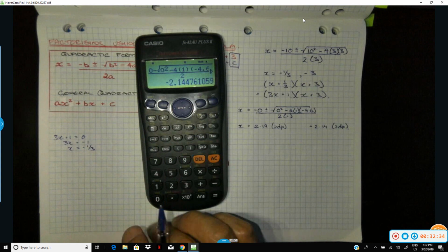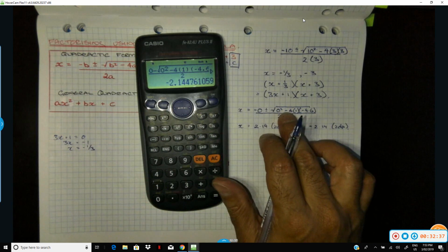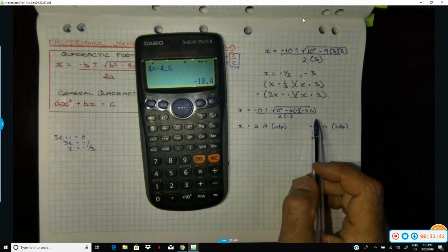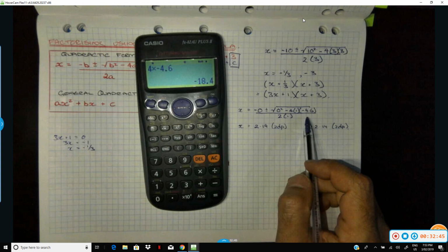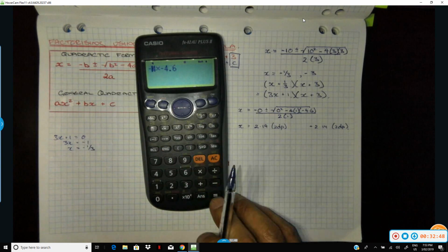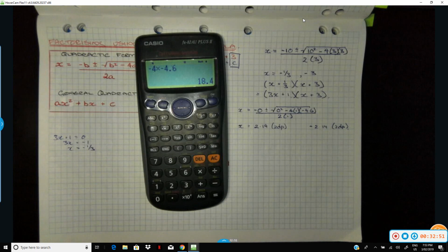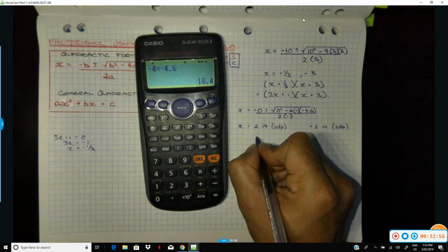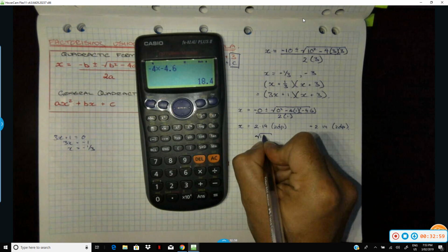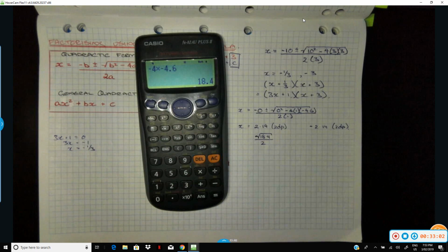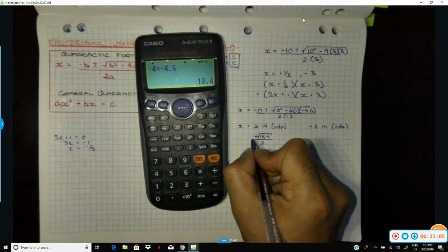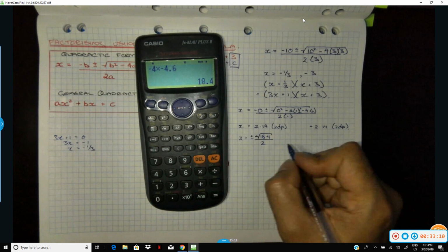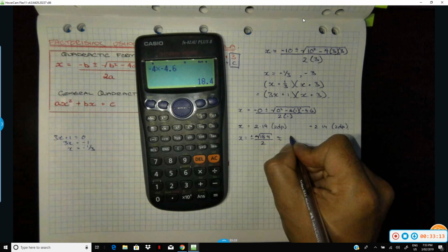Let me just sort this out. 4 times negative 4.6 is negative 18 point, no, sorry, negative 4 point, so here we've got, if we did surds, we've actually got the square root of 18.4 over 2, plus or minus. That'd be 9, so that's also equivalent to, no.